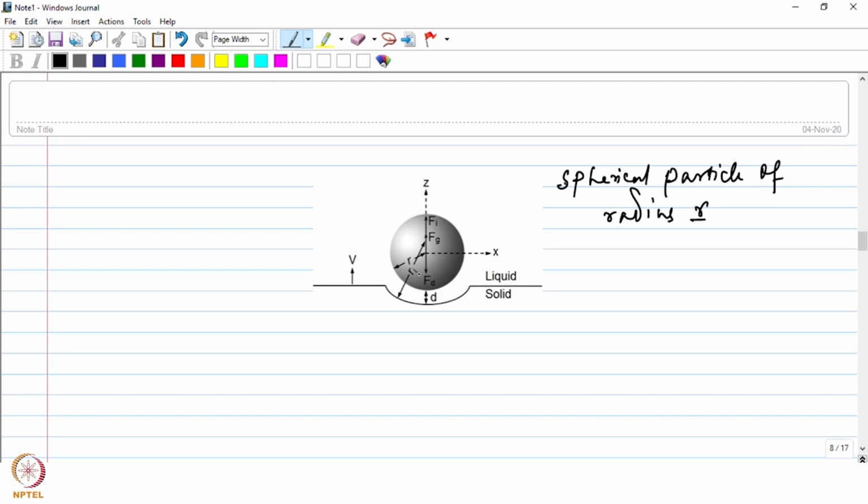There is a relative motion between the particles and the interface. The interface is moving because it's a growing interface. The solid is forming now. So the interface grows and the particles also move. So the particles have a relative velocity with respect to the melt. That velocity is v.